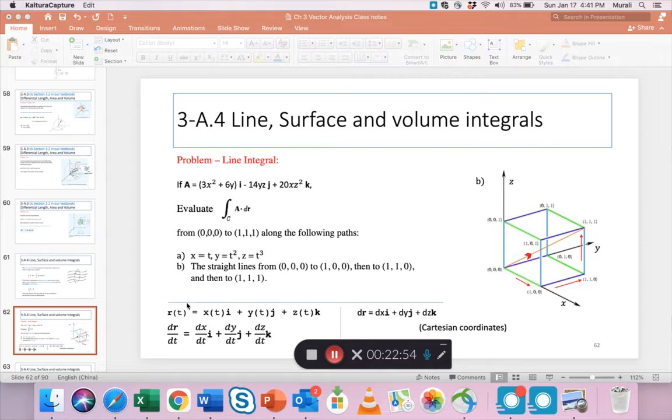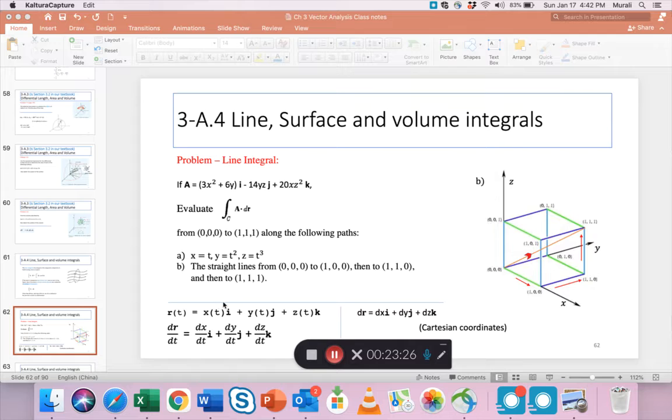Now another way that we have also learned, and this is more useful for part B, but for part A you have to think of the vector or the path r, the traveling path, as the sum of three parametric equations, x, y and z, each attached to one unit vector.